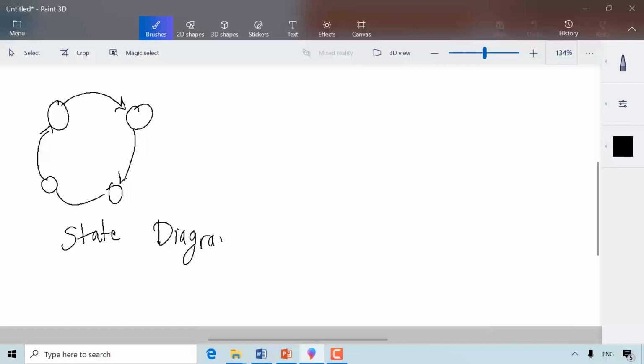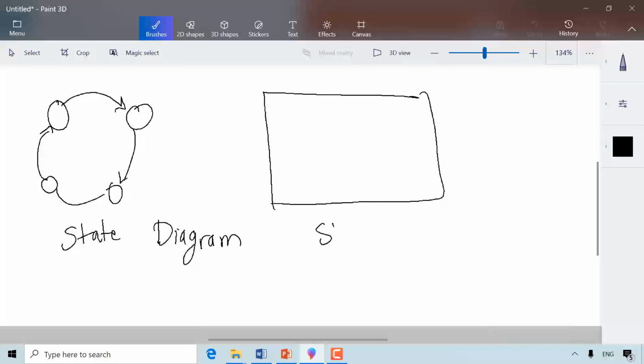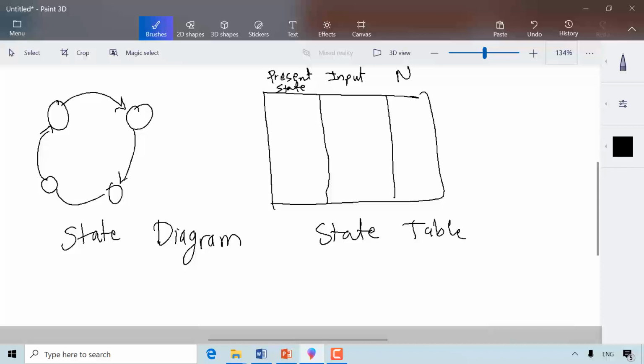It turns out I can represent this in a table. I call it a state table. And this state table represents the current state or present state, input, and next state.